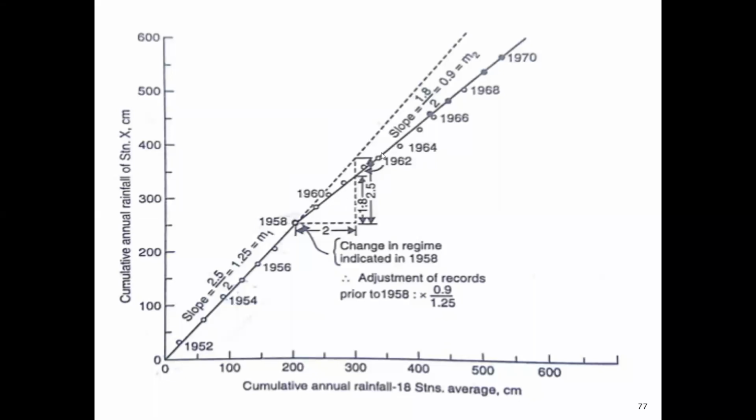Now you can see here, there is a deviation of the slope of the straight line plot in the year 1958. So up till 1957, there is a consistency in the rainfall recorded at this particular station. But after 58, there is a deviation.